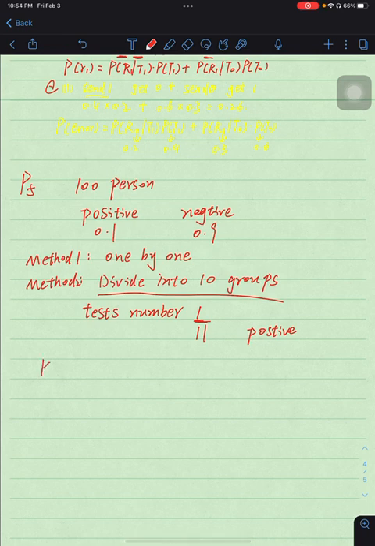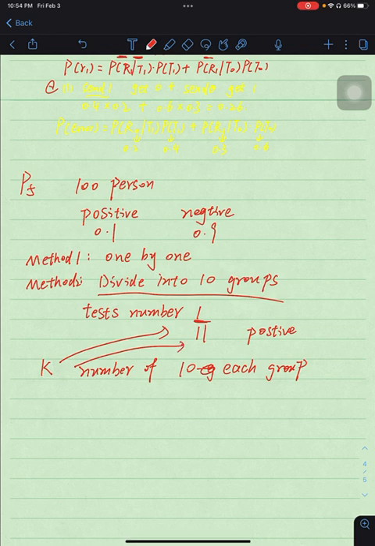Okay, let's see. We have K. K means the number of tests for each group of 10 people. So K is 1 or K is 11, right? Yeah, so we need to know the average.